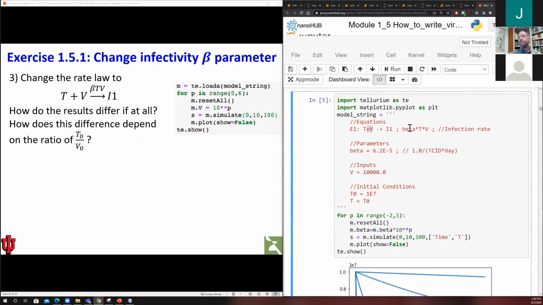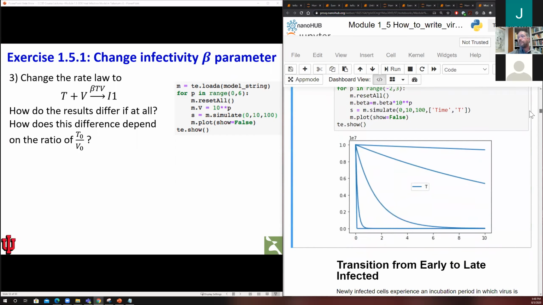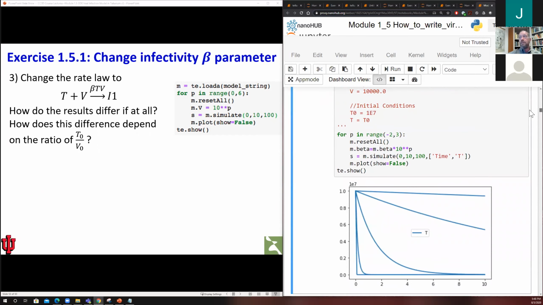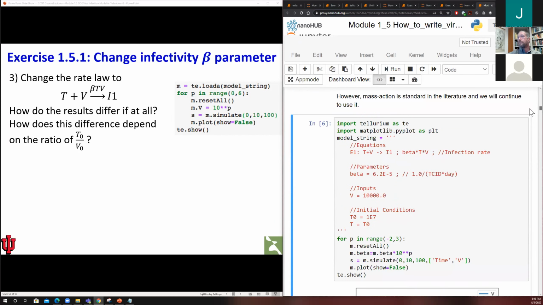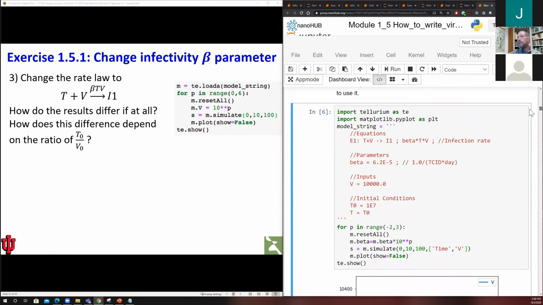And run it again. Didn't make a big difference. What if we look at the amount of virus? The amount of virus is constant. Let's see, why is that? Did I outsmart myself?